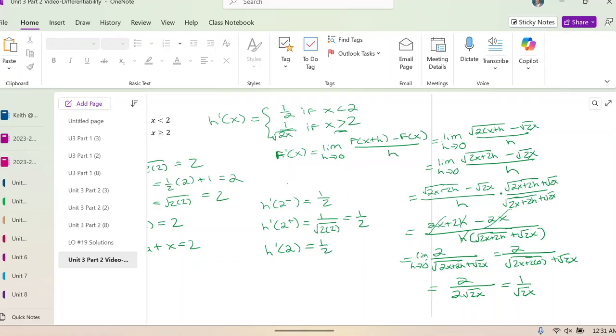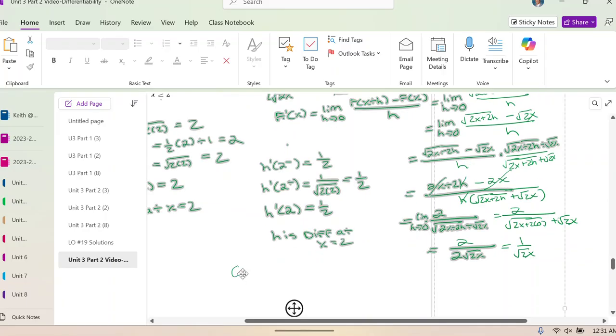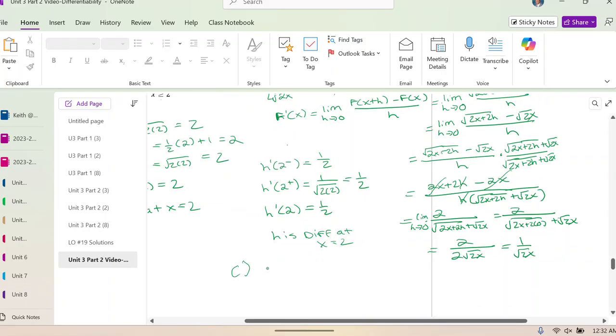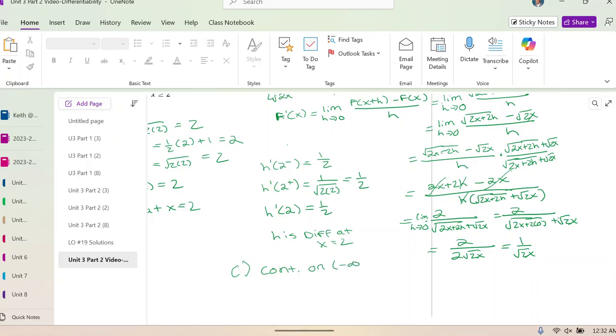So therefore, it is differentiable at 2. So when we talk about part C, it's continuous from negative infinity to infinity, and it's also differentiable everywhere.